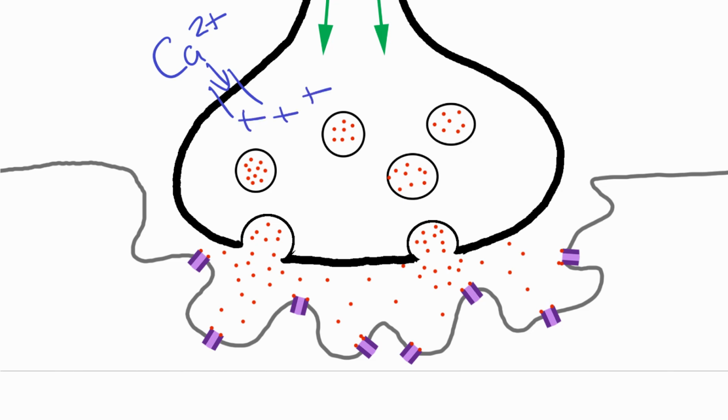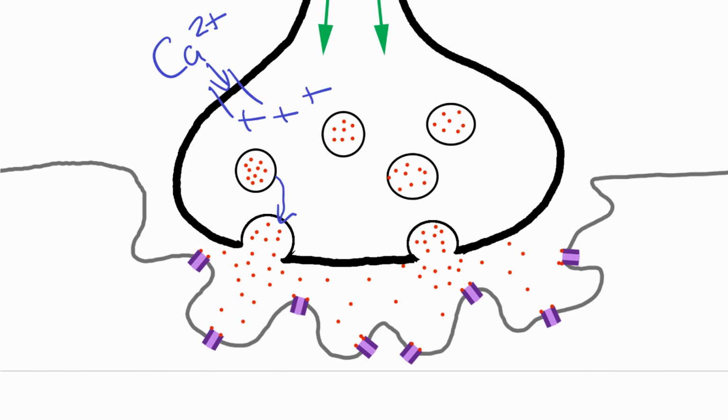This increase in calcium is going to cause these synaptic vesicles to come down and release their contents. Now inside these synaptic vesicles is going to be acetylcholine. All these little red dots you see are acetylcholine.